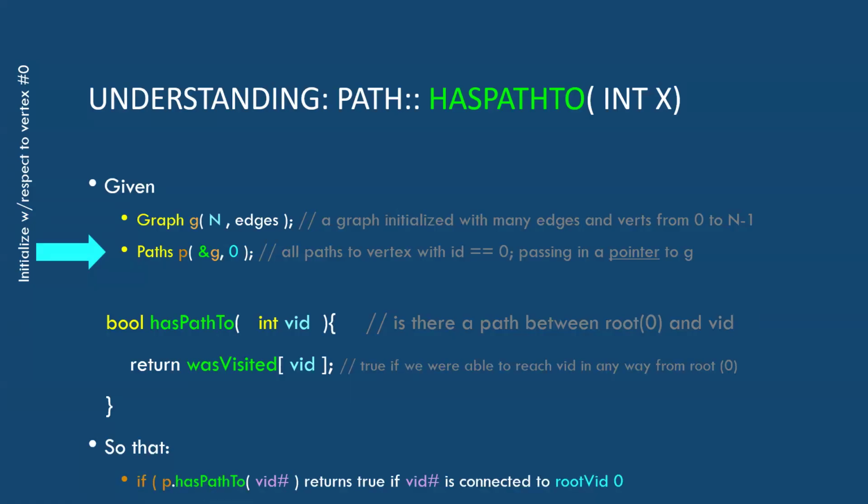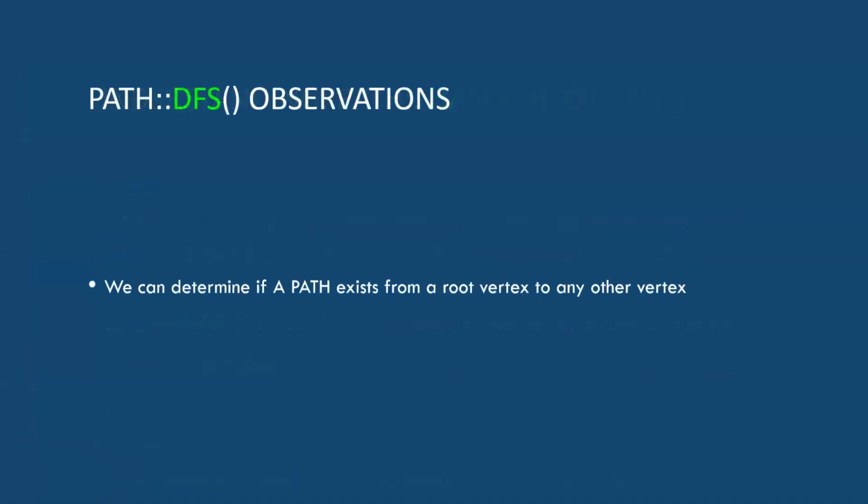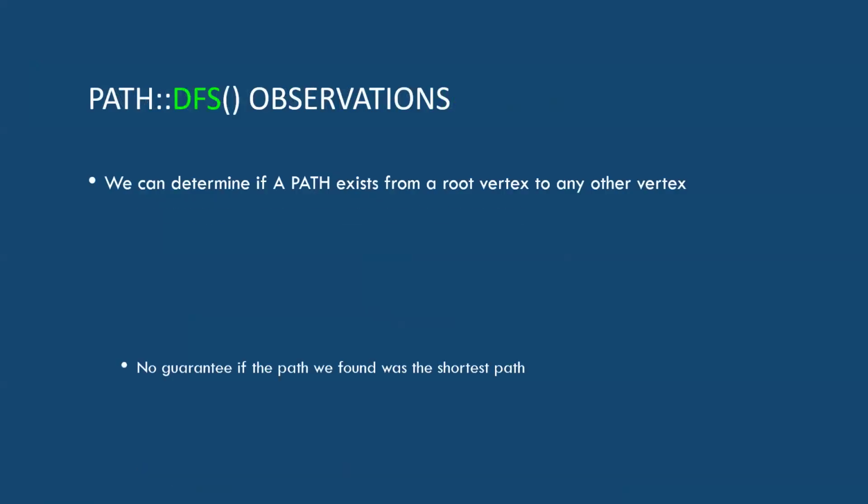So if P dot has path to VID returns true, then yes, we know we can reach it from 0, because that's what we're analyzing. P is the analysis of our paths to 0. Okay, so that's our has path to, and we can determine if a path exists.